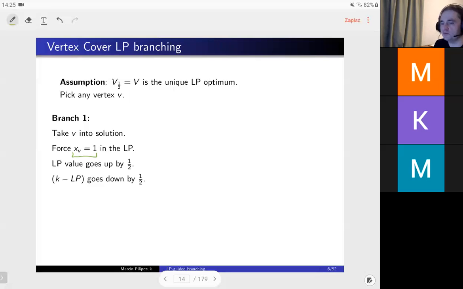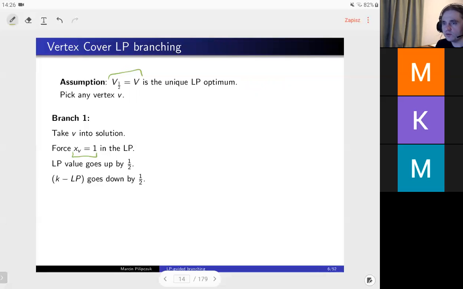Now look, since all halves was the unique optimum, if we are forcing this vertex to be 1 in the LP solution, we no longer can have that optimum. But this corresponds to the case when we actually delete this vertex and look at the remaining graph. The remaining graph has an optimum that's half integral, that uses only zeros, halves, and ones.